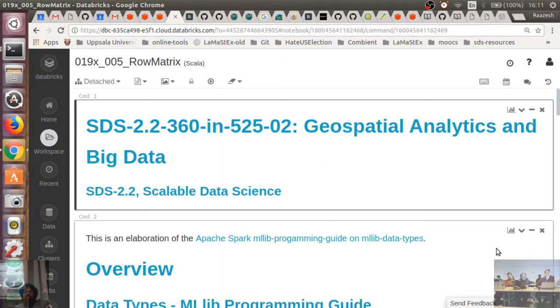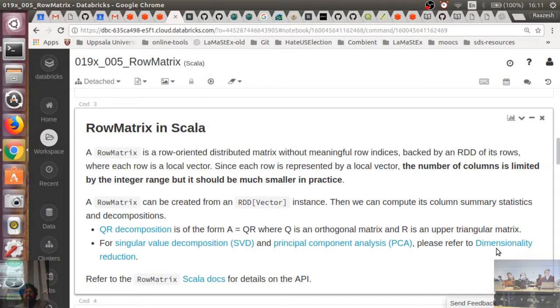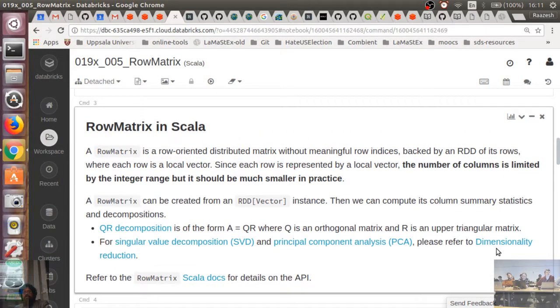So here's just quickly dropping into the first type of distributed matrix, the row matrix. It's a row-oriented distributed matrix without meaningful row indices, right? It's backed by an RDD of its rows. So this is good if your linear algebra operations don't really have to keep track of the index of the row.